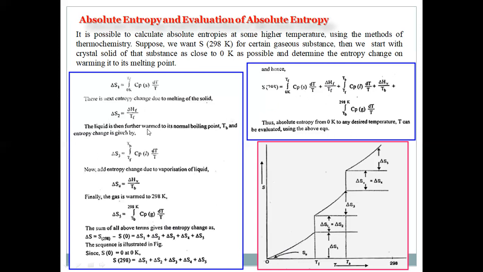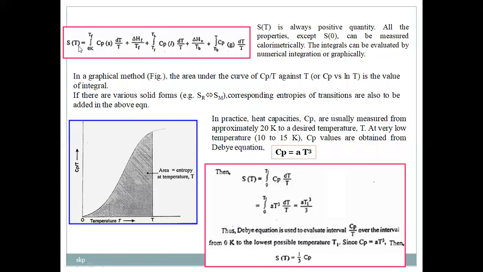The sum of all these equations gives the entropy of the substance at 298 Kelvin. Or in other words, entropy at any temperature, not only 298, will be given by this expression.